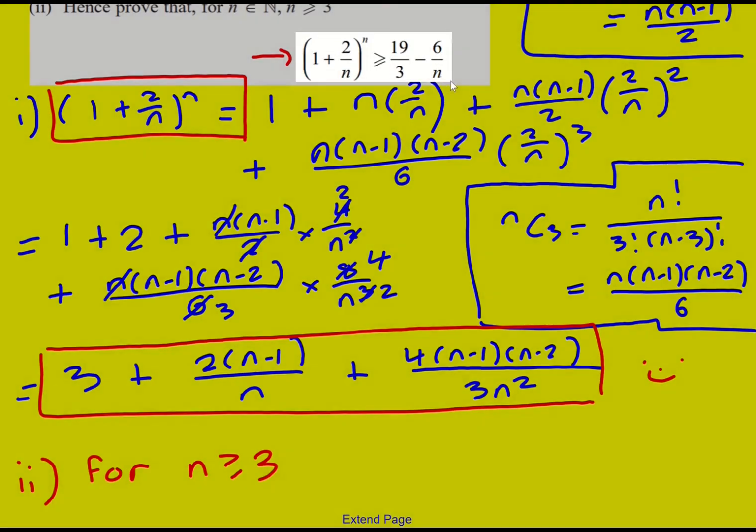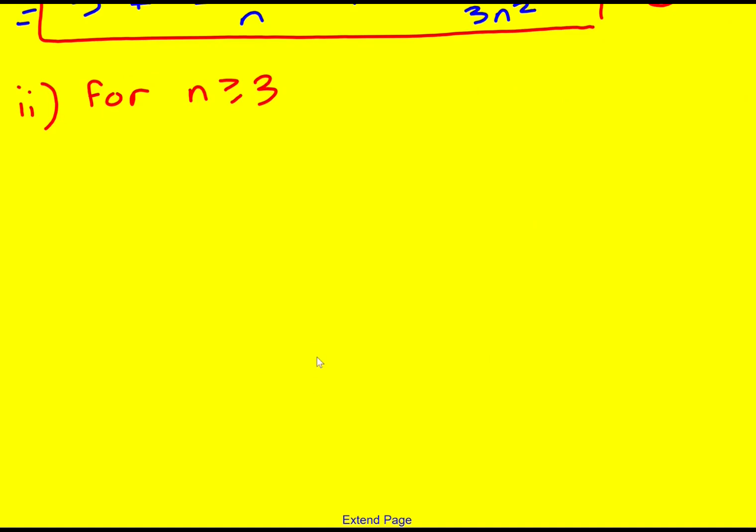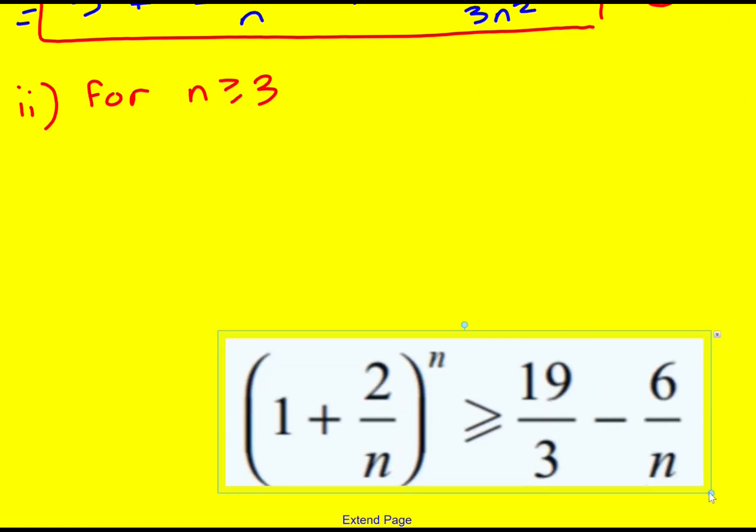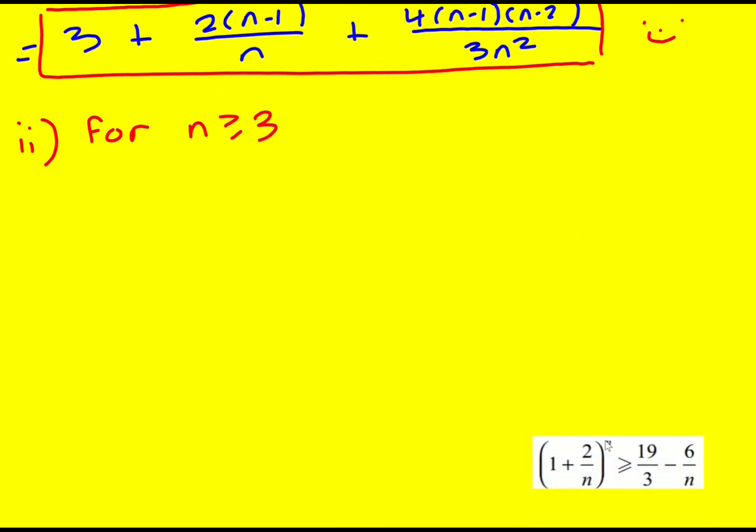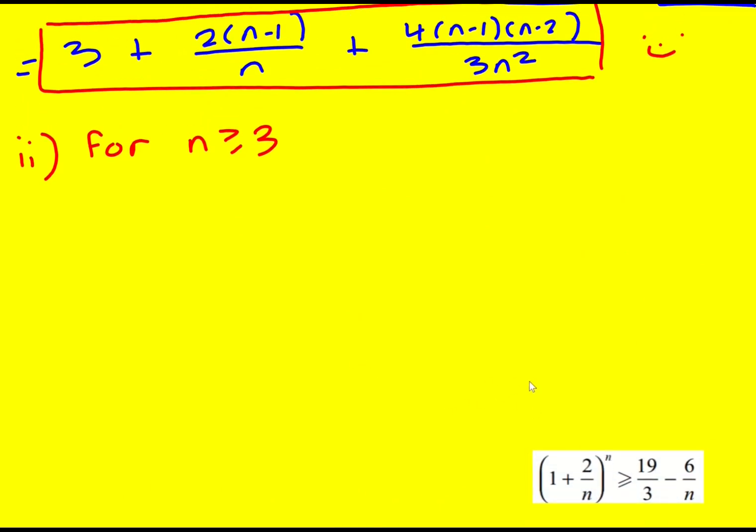This is what we're trying to aim towards. 1 plus 2 over n to the n is therefore going to be greater or equal to what we just found in part 1. Because remember, there's more terms unless n is 3, in which case this is the exact expansion.